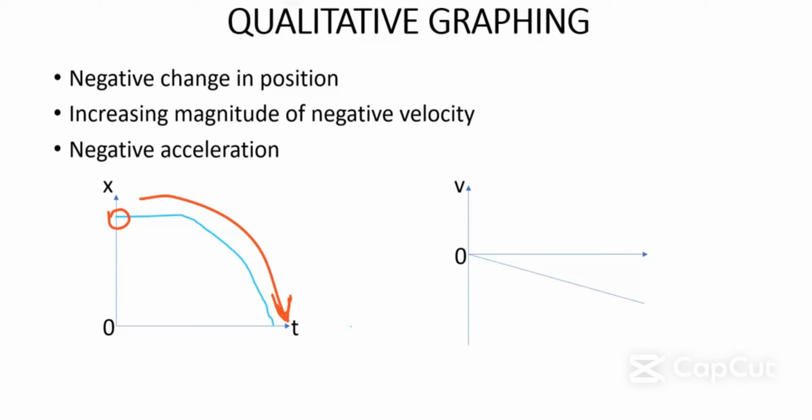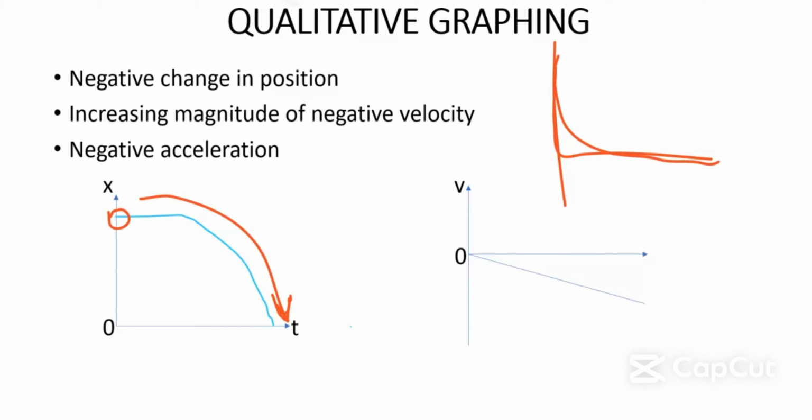There's an increase in the magnitude because the curve is going like this. In the previous graph, the curve goes the other way. So there was a decrease, but this one is an increase, right? There's an increase in the magnitude of negative velocity.